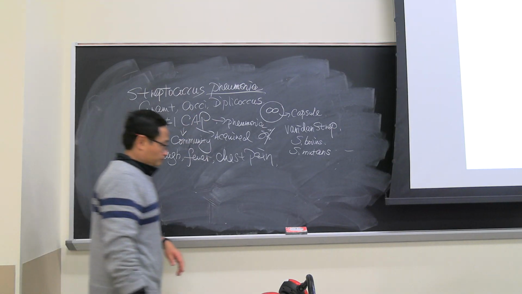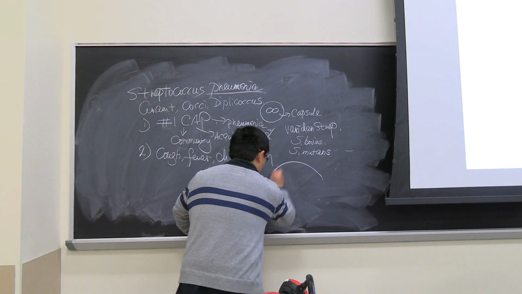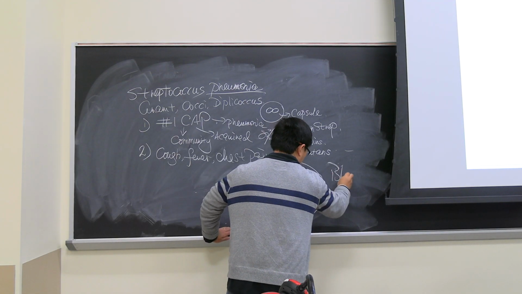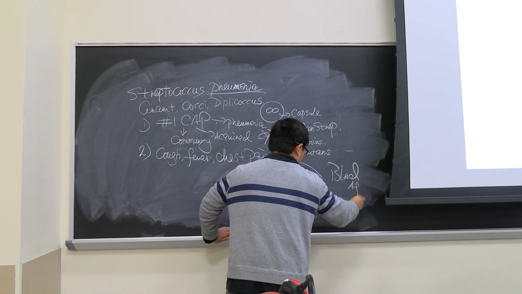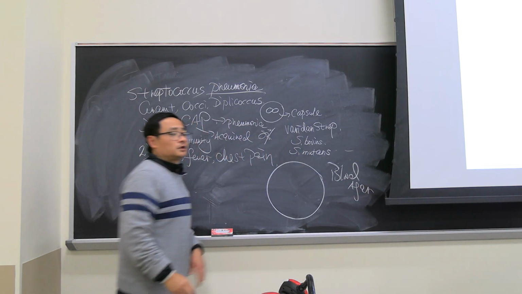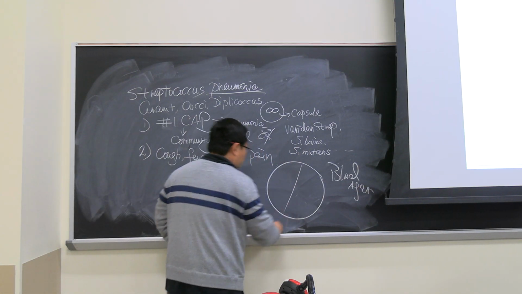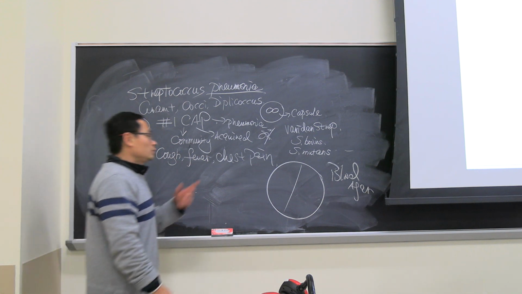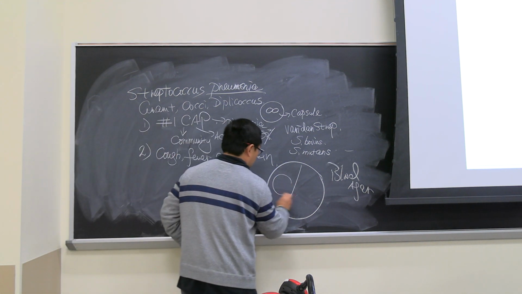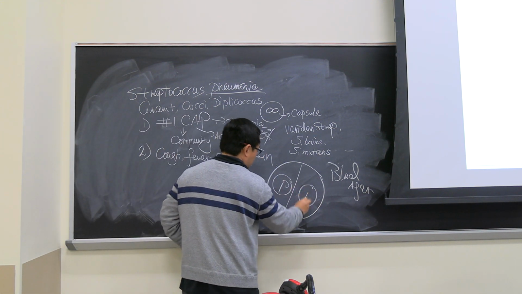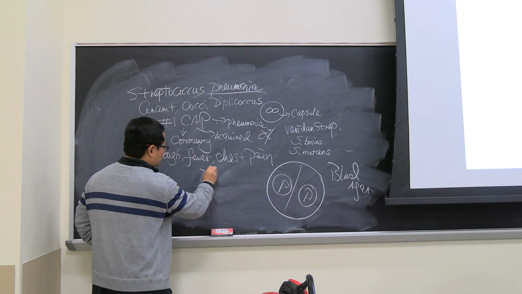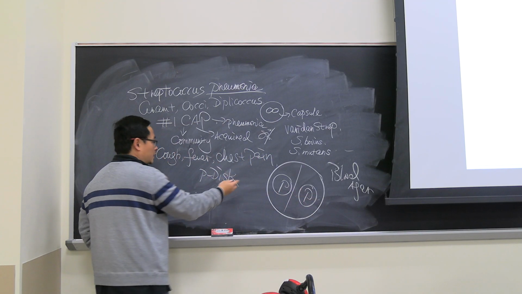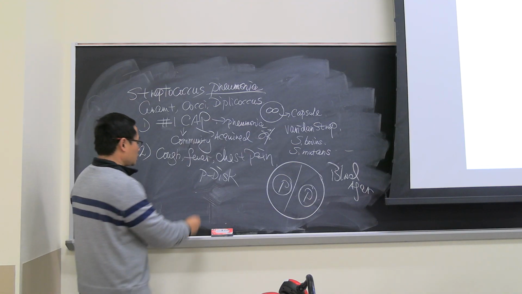Then how are we going to do it? We use a blood agar. We split the blood agar into two parts. We put a disc there. The disc is called a P disc. This disc contains an antimicrobial called optochin.